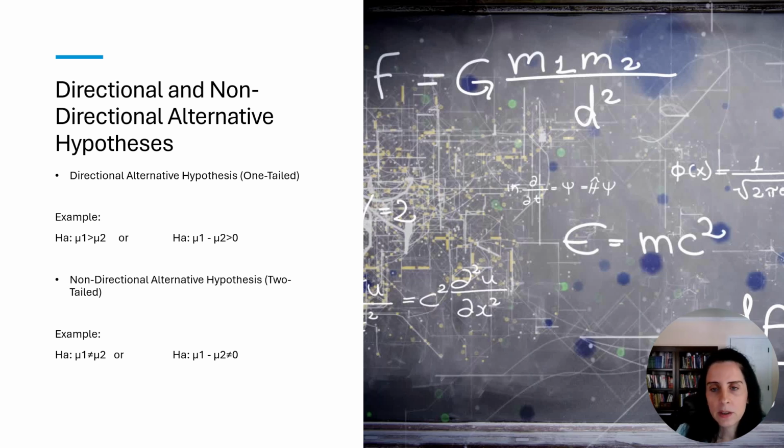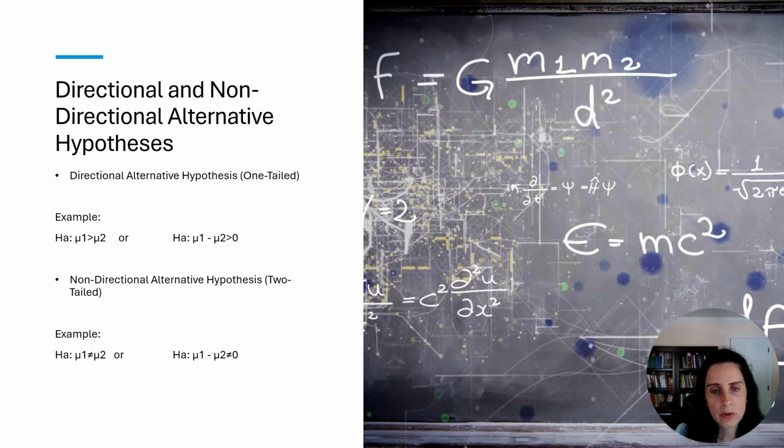For instance, in an educational study, a researcher might hypothesize that students who participated in an after-school program will have higher test scores than those who did not. This can be formally written as mu1 is larger than mu2, or mu1 minus mu2 is larger than 0, where mu1 is the mean test score for students who attended the after-school program, and mu2 is the mean score of the students who did not.